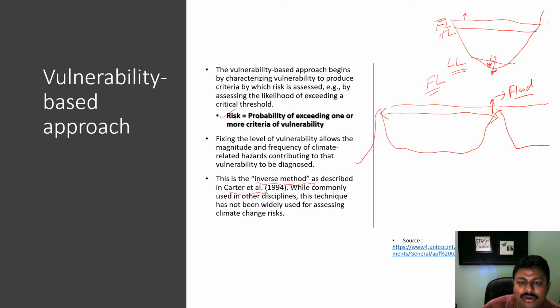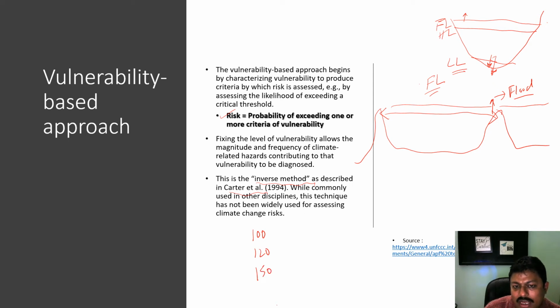So this is a more direct approach. Suppose the reservoir level varies like this: 100, 120, 150 and so on.